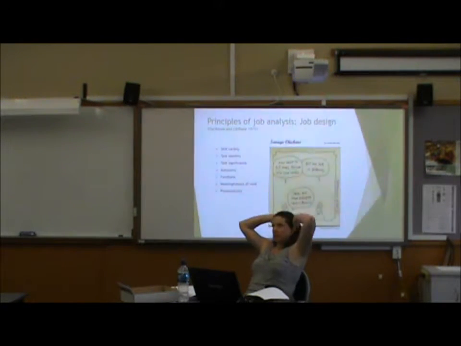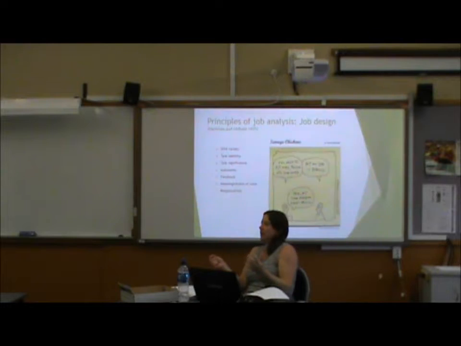That's right. So in that situation you can take ownership for an overall piece of work being completed. If you are in a factory manufacturing widgets, and you're the one putting the arms on the widgets and that's all you do all day long, well for starters there's not much skill variety. Secondly, we don't have much task identity. You never get to see the finished product.